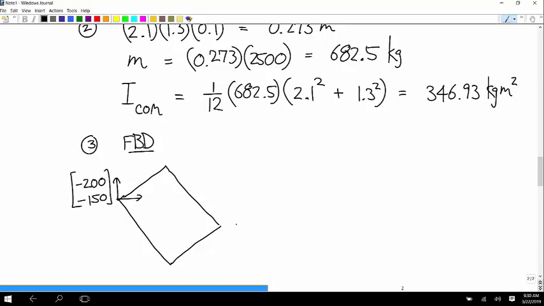The one thing you can't do is draw these in the opposite direction and write the negatives next to it. That's like a double negative, and that's going to confuse anybody who looks at what you're doing. And then at C, negative 400, 400, 300.